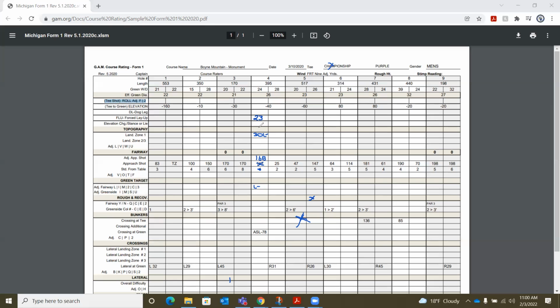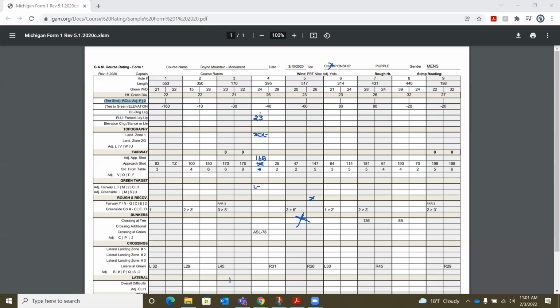So maybe I have to lay up 70 yards from what I normally hit. I'm going to still adjust this approach shot value to be 70 yards longer than what's listed here. But in this section here for my layup, I can only put 50.